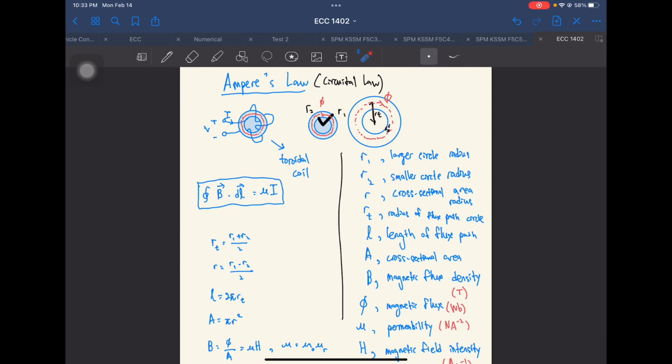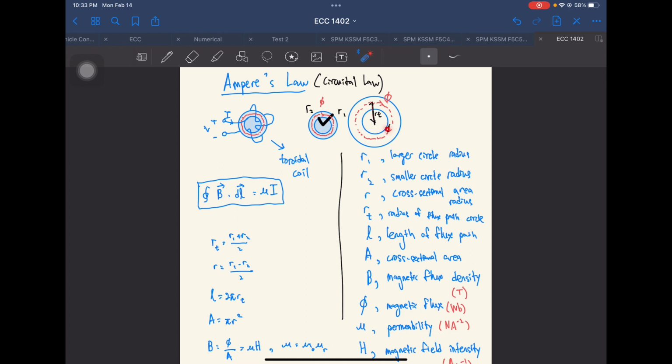Okay, and RT is the radius of a red circle, which is the radius of the flux path. As you can see here, this red one is a flux path. And A is a cross-sectional area, which is this one, the cross-sectional area of a toroidal coil.